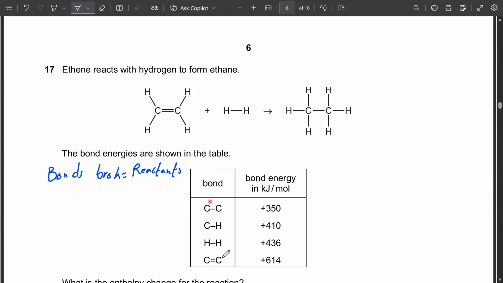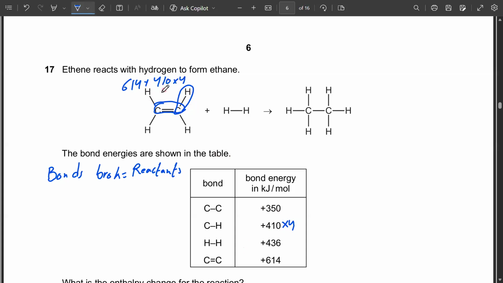So simply add the values. For ethene, we have a carbon-carbon double bond present, one bond of carbon-carbon double bond. So its value is 614. So add the value 614, plus there are four carbon-hydrogen bonds. So multiply the C-H bond by 4, plus 410 times 4.